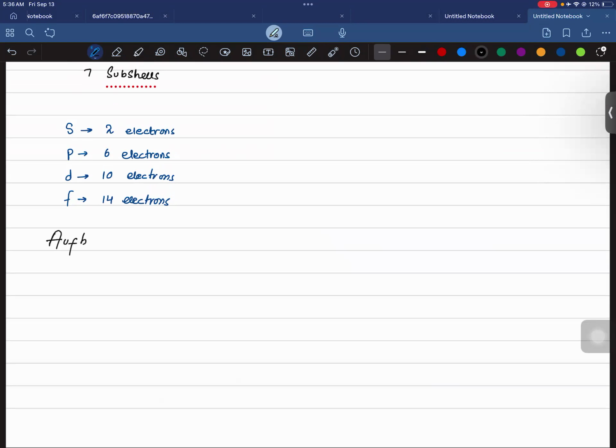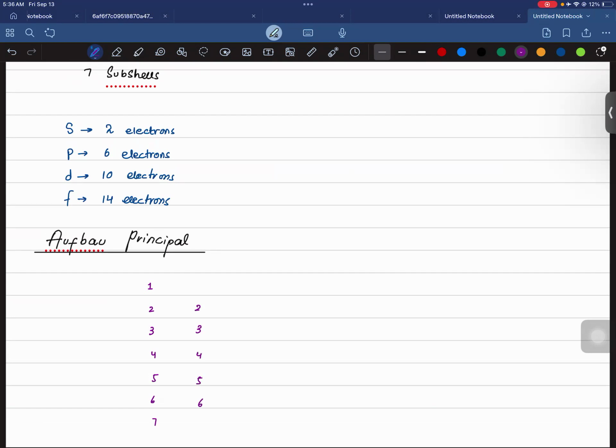There is a principle called the Aufbau principle. It's not the name of a scientist. It's a Latin word which means building up. See this: 1, 2, 3, 4, 5, 6, 7; 2, 3, 4, 5, 6, 7; 3, 4, 5, 6, 7; then 4, 5, 6, 7.